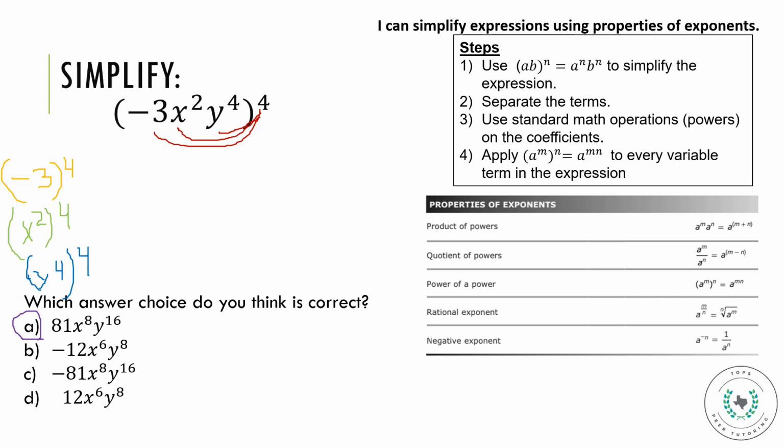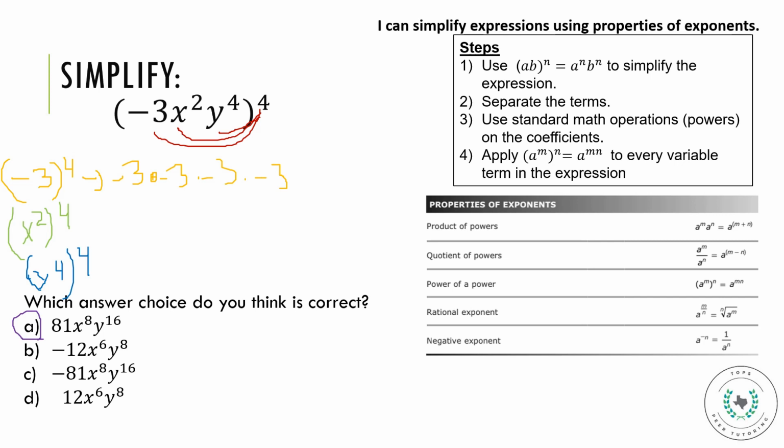Now, let's start off with our coefficient. In this case, if you do the math, you have -3 times -3 times -3 times -3, or -3 times itself 4 times, aka 4 -3's.